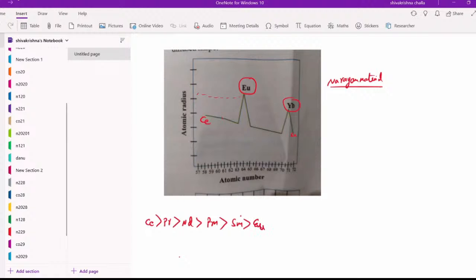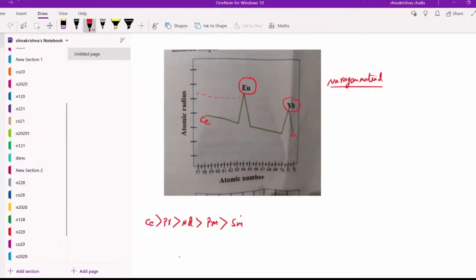Okay, generally you are expecting, but you see, this is greater than europium. Absolutely. Gadolinium, terbium, dysprosium, holmium, erbium, thulium, and ytterbium is greater than lutetium.